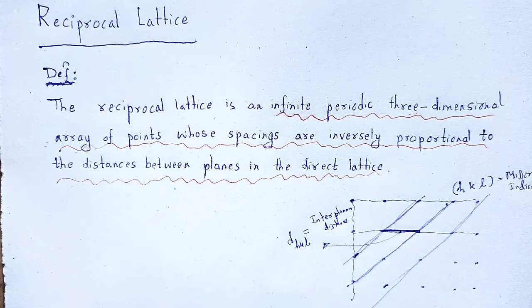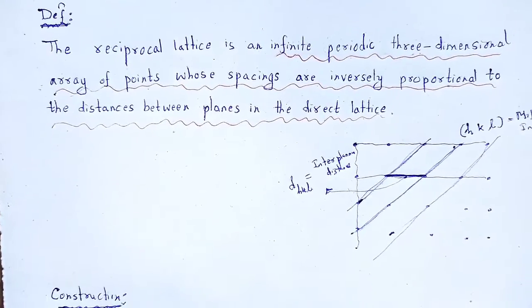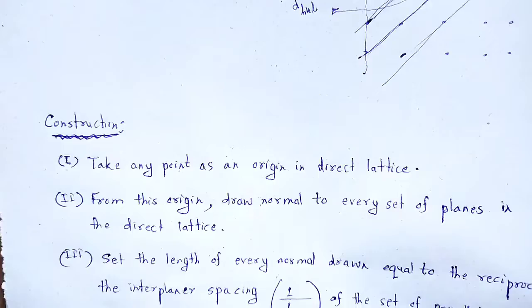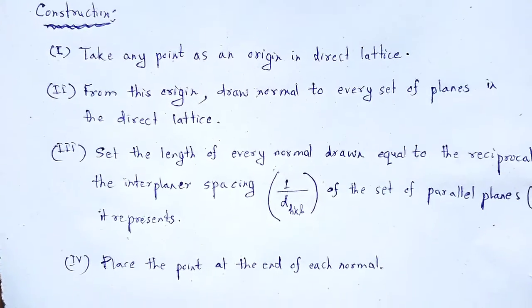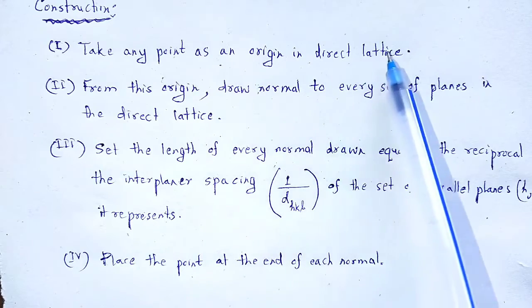So, how do we construct the reciprocal lattice? There are some methods we have to follow. The first step is to take any point as an origin in the direct lattice, the crystal lattice with lattice points at the corners. We take any point, which we prefer as the origin, in that direct lattice.